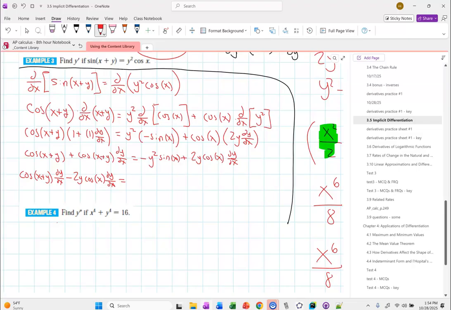And then subtract over the cosine of x plus y. Everybody okay there?